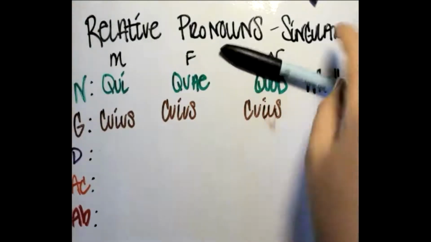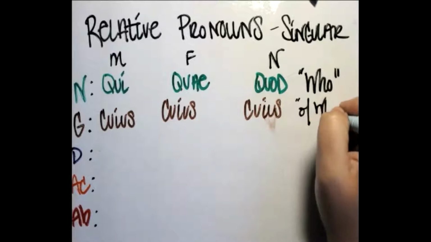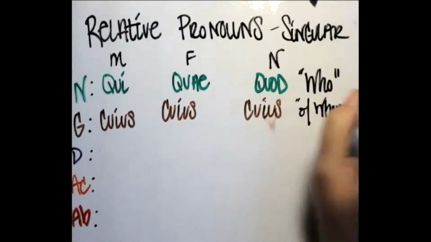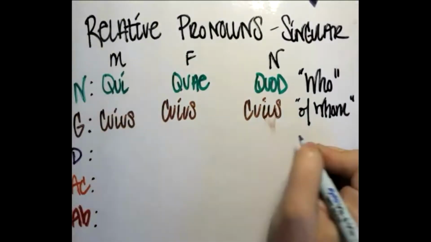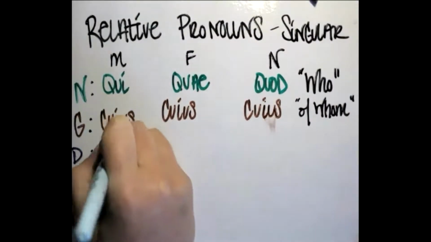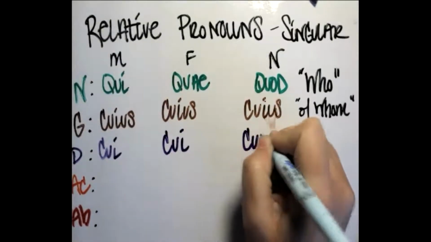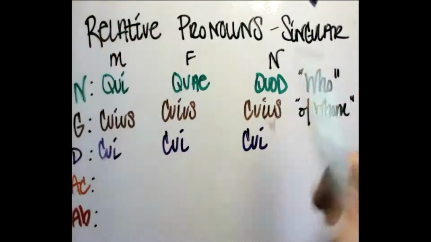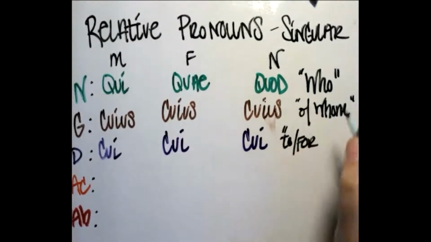And this is of whom. In the dative, again, all three will have the same form: cui, cui, cui. And this is to, for whom.